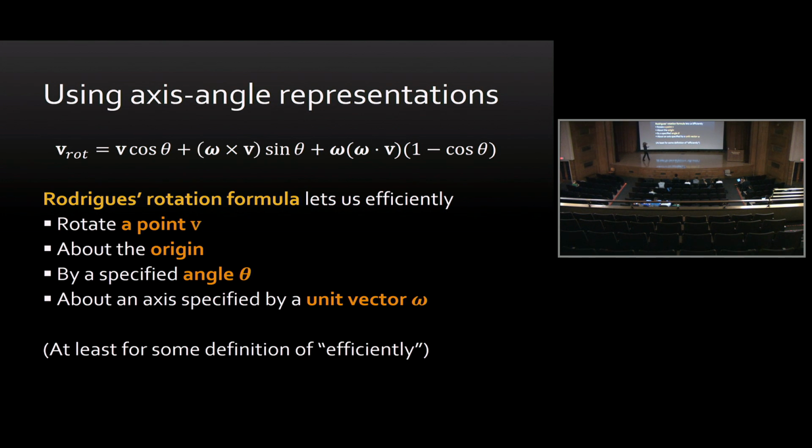And that's awesome. Given an axis omega represented as a unit vector that you want to rotate around, and an angle in radians that you want to rotate by, this is the rotated coordinates of a point D that's rotated by that angle around that axis. Okay.